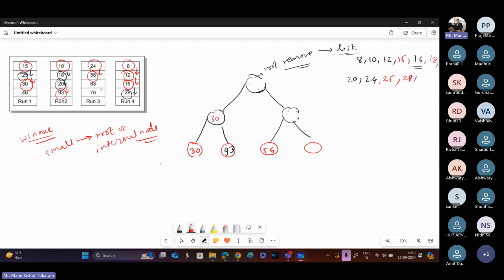Where 28 was present, there is no element here, so we skip that. Here we have to load another number. So 56 we put over here and the winner is 56. Okay, not 56, one minute. 30.